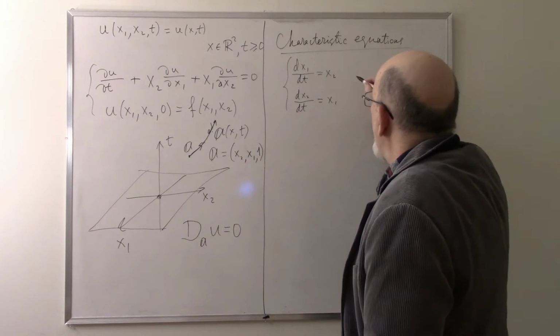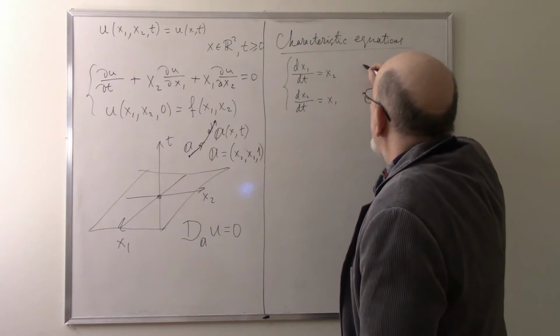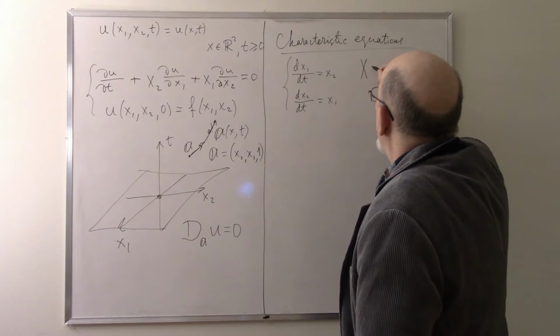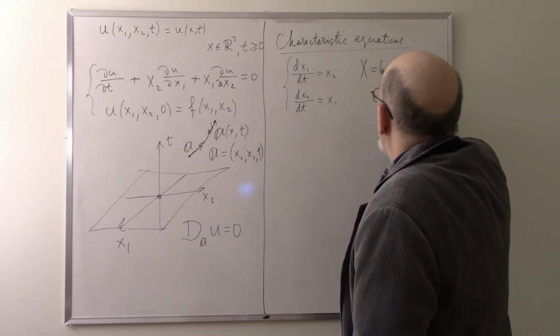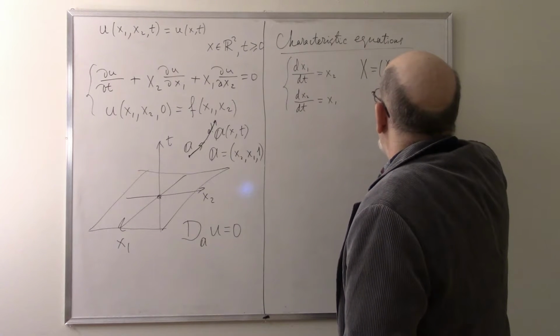How to solve it? We can write it the following way: vector x is x1, x2.